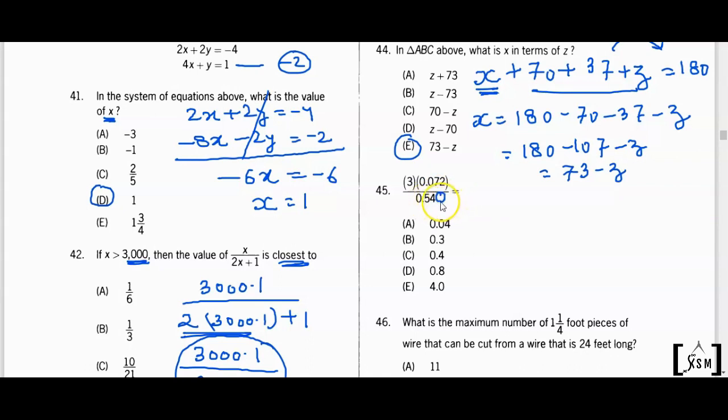Let me write it nicely. Over 0.0, sorry, 0.540. Okay. Now after decimal we have 3 digits here. After decimal we have 3 digits here. So this can be easily removed. We'll just remove them. So the number we are left with 540.